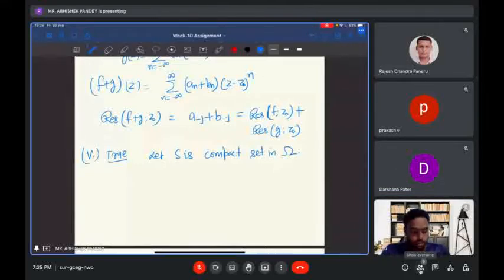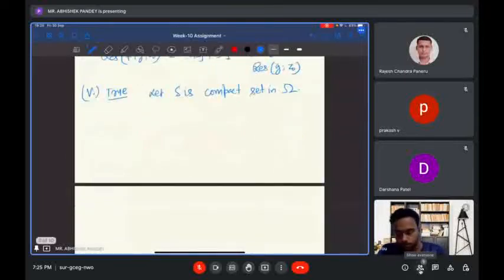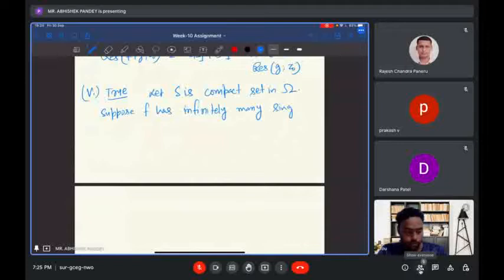Okay, so let S be a compact set in omega, and suppose F has infinitely many singularities, sorry, in S. Say Zn.